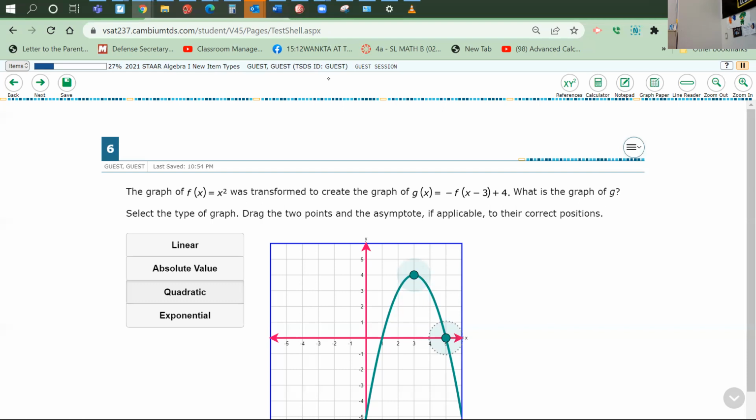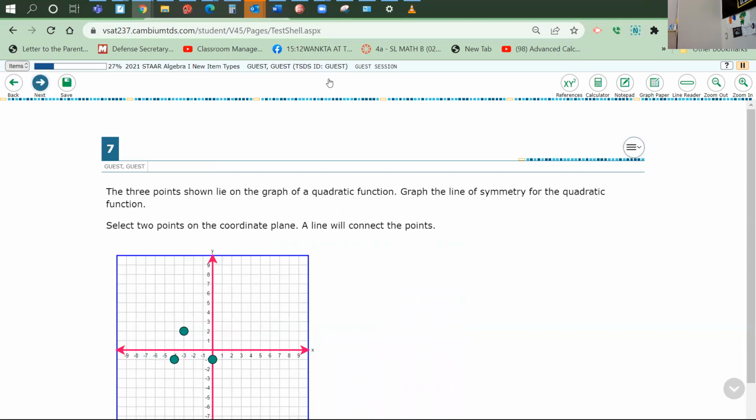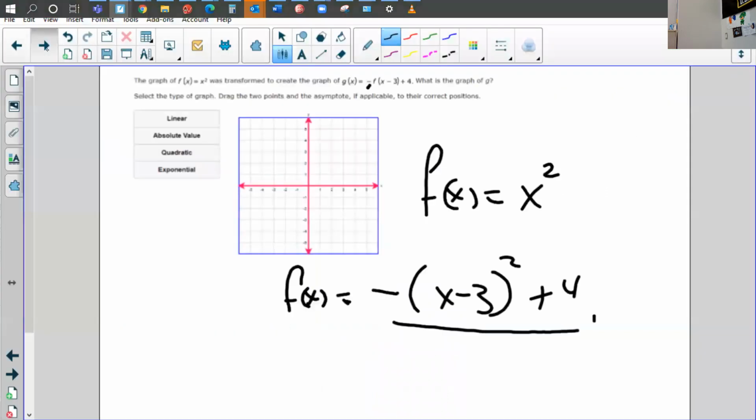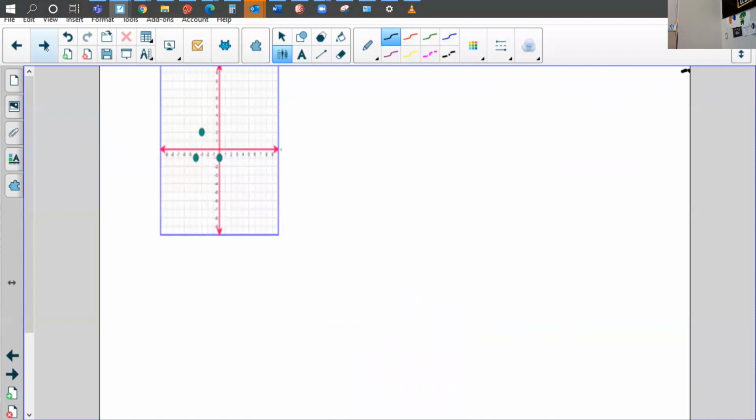Let's go on to the next one. Again, it's a quadratic function. It tells you here quadratic function, and it says graph the line of symmetry, the axis of symmetry. Now, if you look at it, guys, they give you 3 dots in the graph.